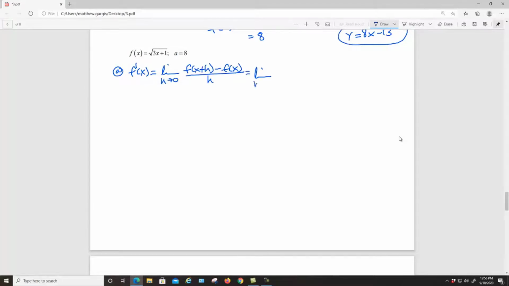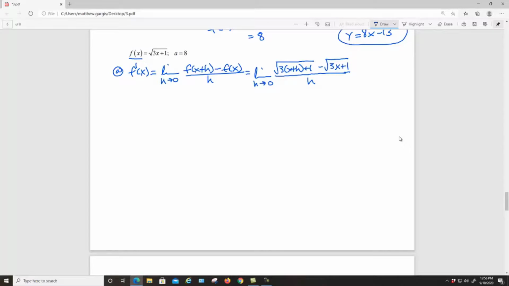Okay, so we will have f of x plus h. So just plug x plus h in for x into this f function. So that would be the square root of 3 times x plus h plus 1. And then minus the square root of 3x plus 1, which is f of x, over h.